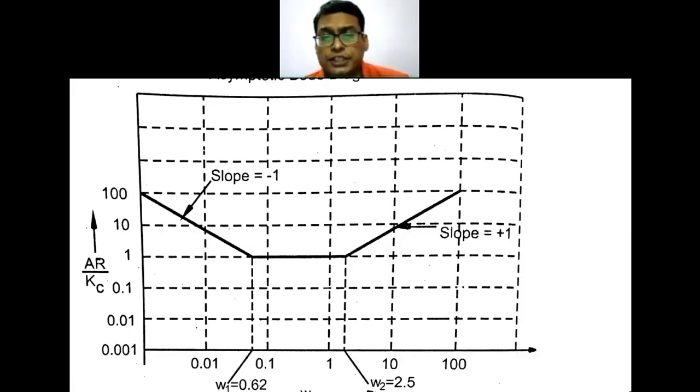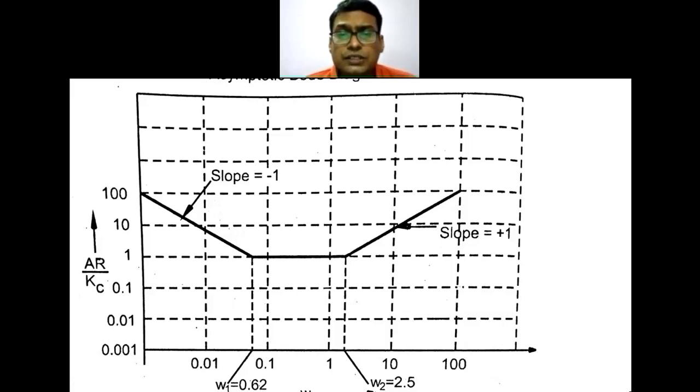So 0.625 and 2.5, these are the two points where the corner frequency is there. That is, the low frequency asymptote and the high frequency asymptote will intersect at that point.